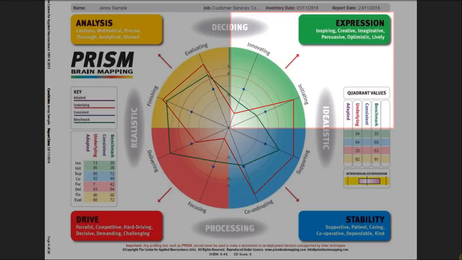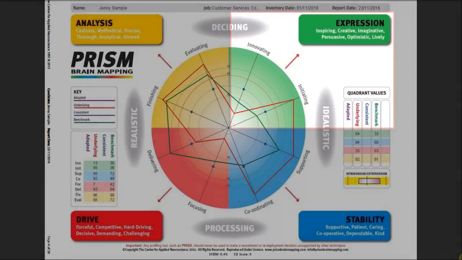If they have the freedom to be innovative and do things their way, there is no doubt they will produce ingenious results. Some typical green behaviours: inspiring, creative, imaginative, persuasive, optimistic, lively, fast-paced, energetic, unconventional, adaptable, spontaneous, enthusiastic, free-spirited, and original.